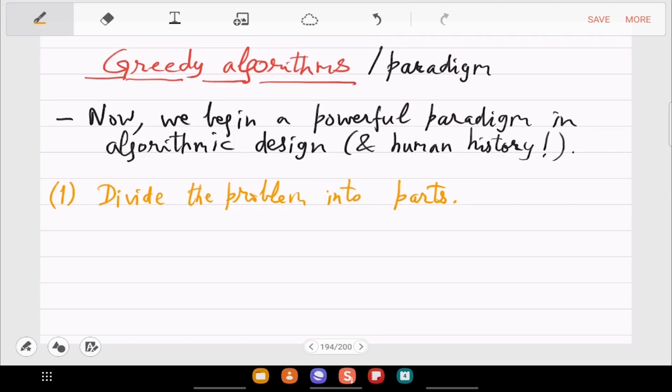Mainly the difference is that it will not be a recursive algorithm, it will just be an iterative algorithm. So you divide into smaller parts, and in each part pick the best local solution.